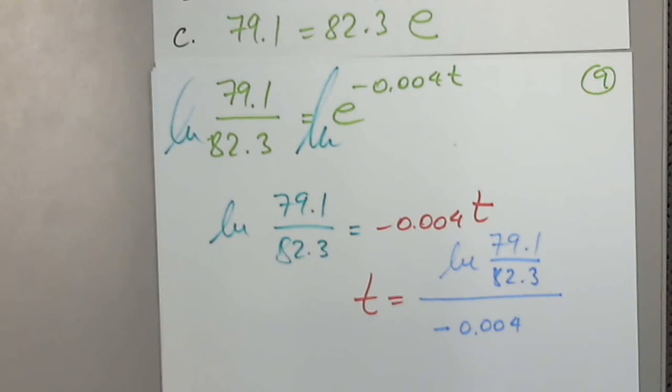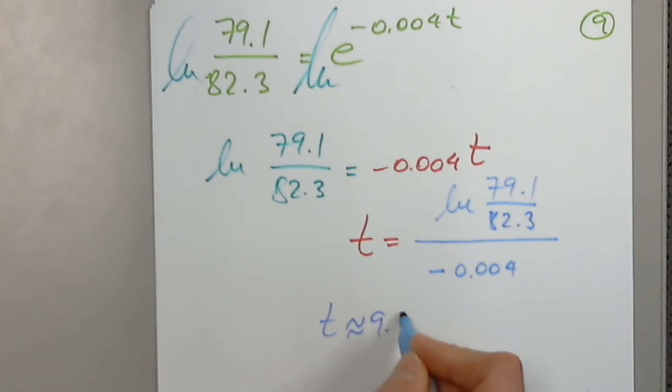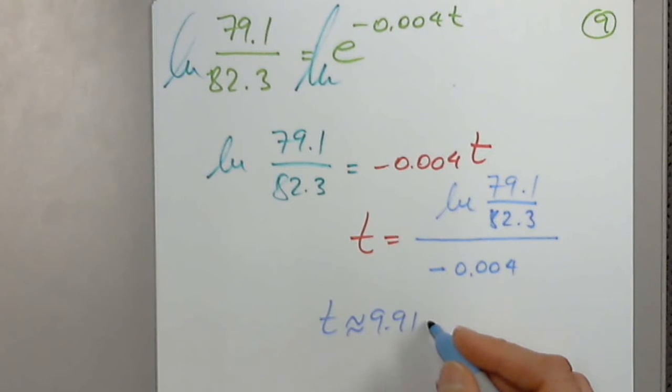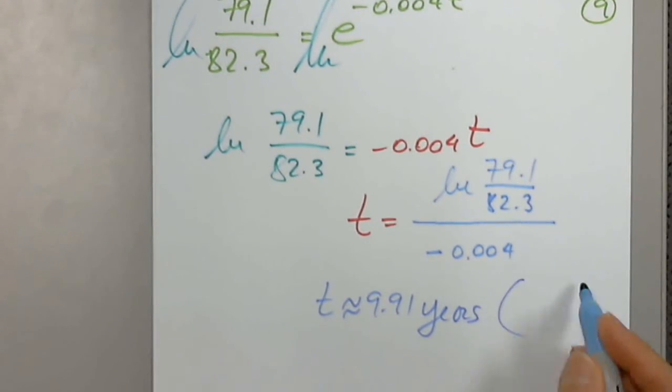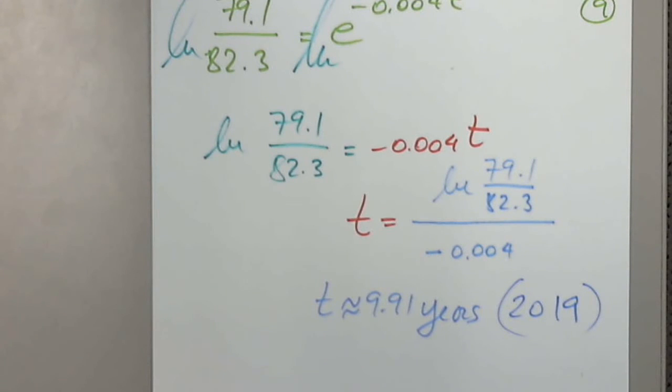So 9.91, what does this mean? What is the measurement unit? Years. And that means what year? 2010 plus 9 is 2019.